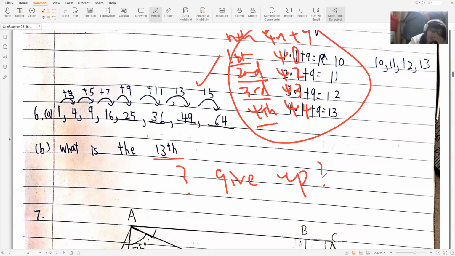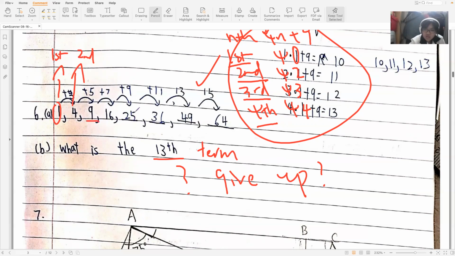I wouldn't say confused. The question asks for the 13th term. So basically, you ask yourself, this is which term? The 1 is the first one. Then the 4 is the second one.